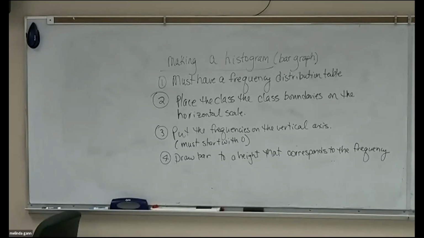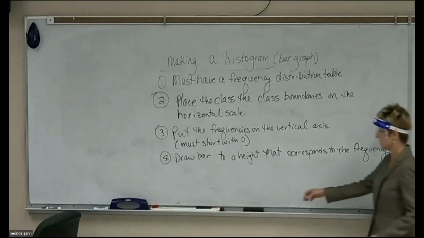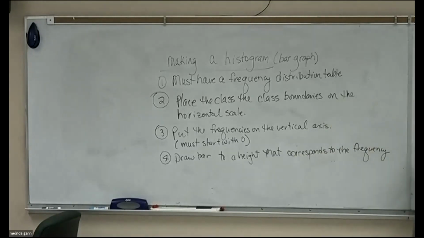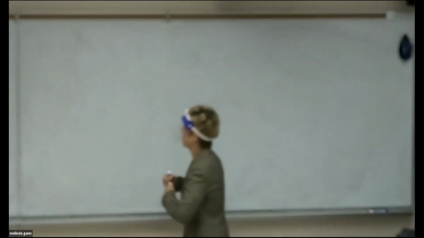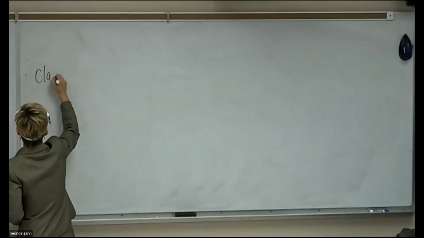So let's go do one. Have your steps beside you, because for the Zoom people, I'm going to have to switch to this other board, so y'all need your notes next to you. Okay. Now, suppose you have a table that looks like this.